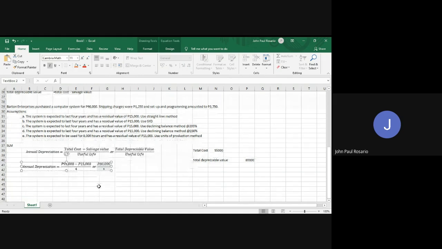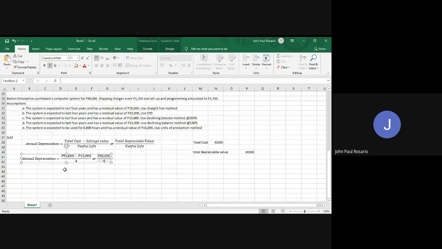So meaning with this, our annual depreciation will be 95,000 less 15,000, and we divide it by 4, or simply 80,000 divided by 4, which is equal to 20,000.